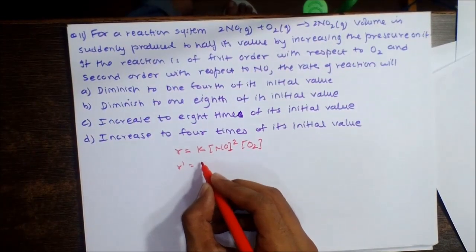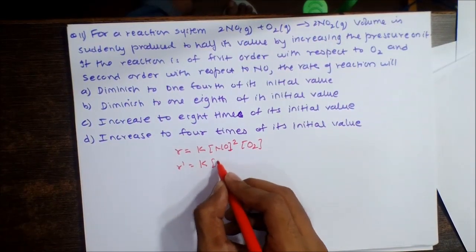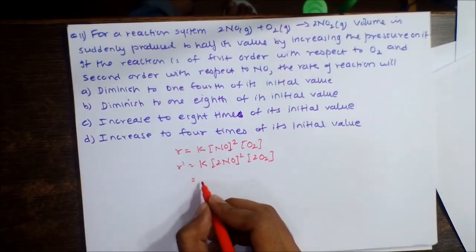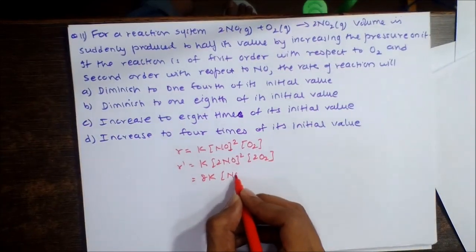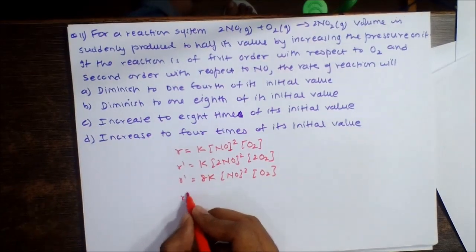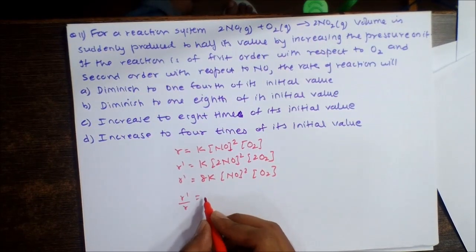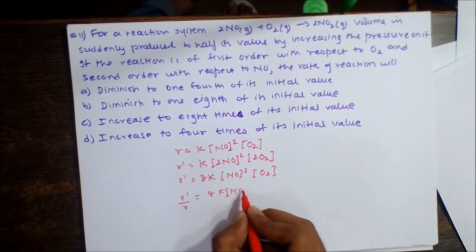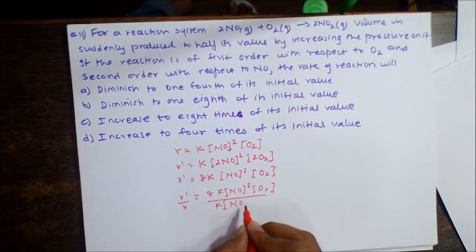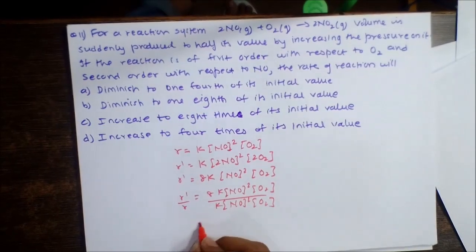Therefore, the new rate would be R' equals K (2[NO])^2 (2[O2]), which on solving gives 8K [NO]^2 [O2]. On dividing R' by R, you get 8K [NO]^2 [O2] upon K [NO]^2 [O2], which equals 8. Therefore, the new rate is 8 times the original.